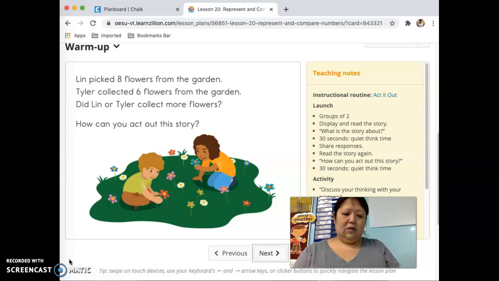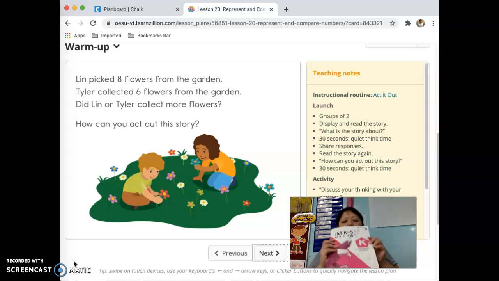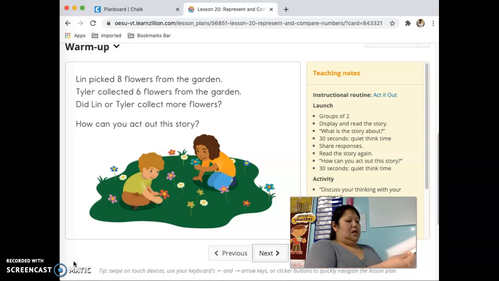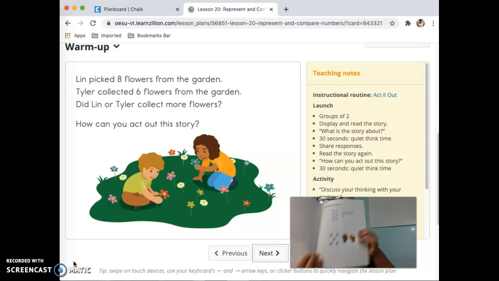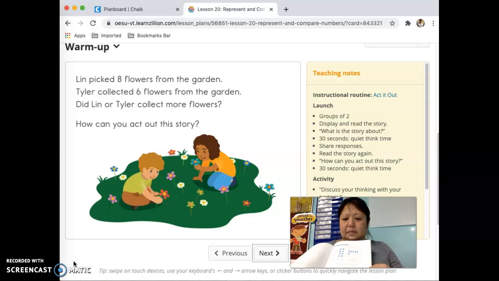So let me just grab mine. And here's my math workbook. And we started on page 125. And the page looks like this. Okay. And we worked on the first problem together.